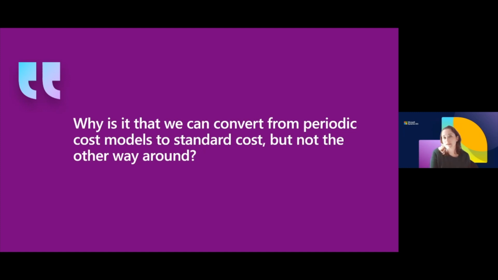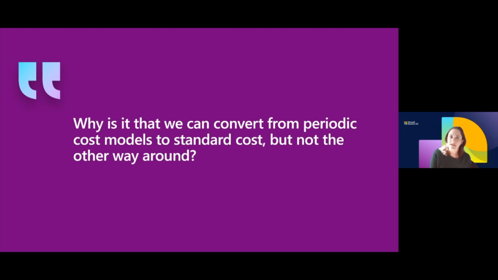To switch from standard back to periodic costing, or to periodic costing for the first time, we would need to go back and look at historical costing layers to figure out what our inventory issues should be valued at, based on the receipts and the heuristic defined by the periodic costing method, which would be really complex and not necessarily accurate.